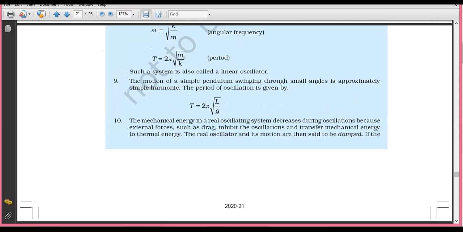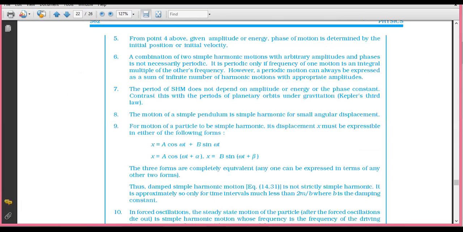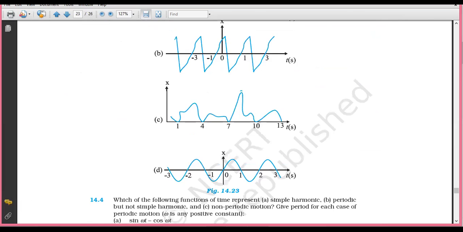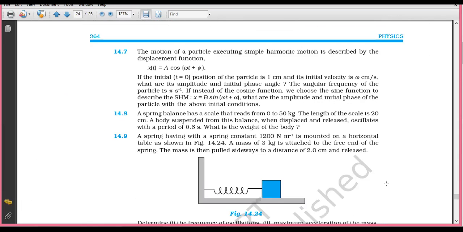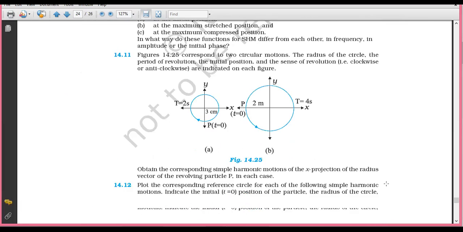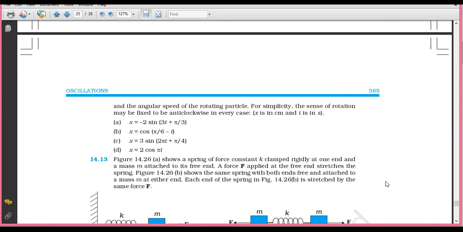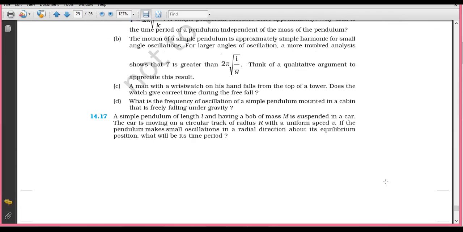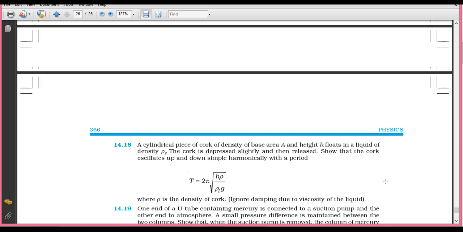Oh, okay, I think it's given in the additional exercise. Definitely not an easy chapter, unless you take some effort. This is going to be a difficult chapter.